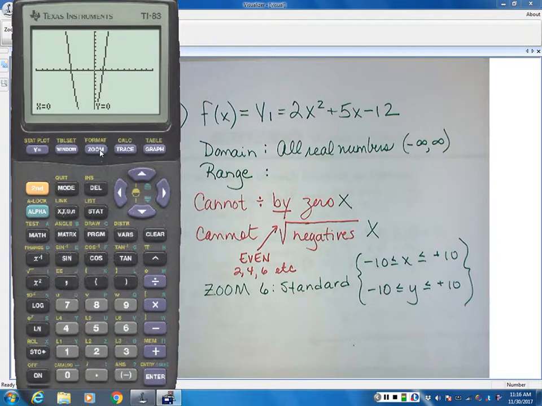And that isn't necessarily the window that we're going to stop on. That's not necessarily the window we need, because we're not seeing a complete graph of the function. We can see that this function does, like the domain says, continue on, up, and out on both sides to infinity. So the top of the y values in this case is also going to be infinity.